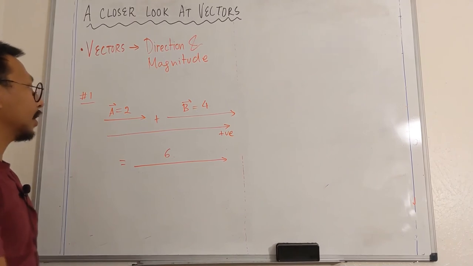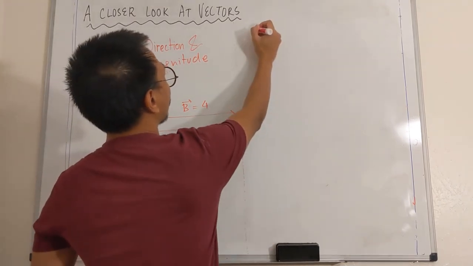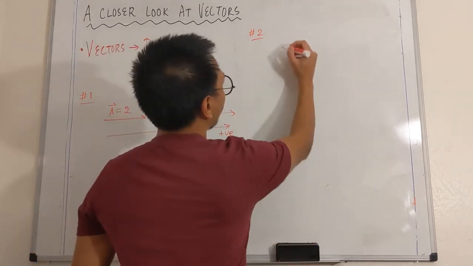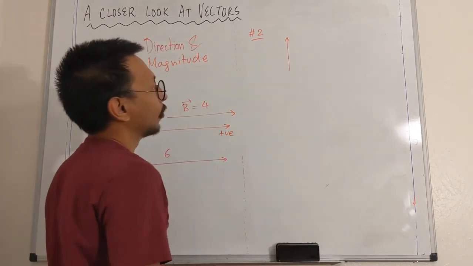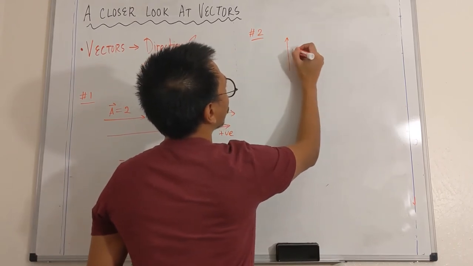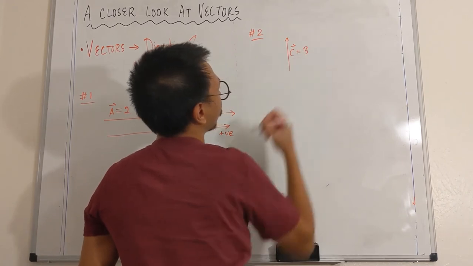All right. Now let's look at a more detailed example. Say vectors can also be vertical. So you can have a vector going up like that, and let's call this vector C, and let's say its magnitude is 3.